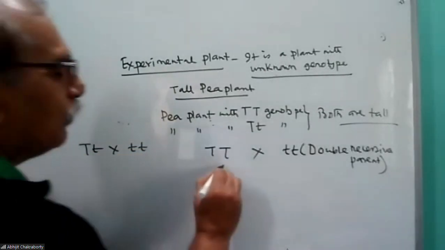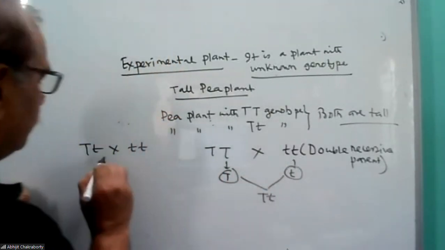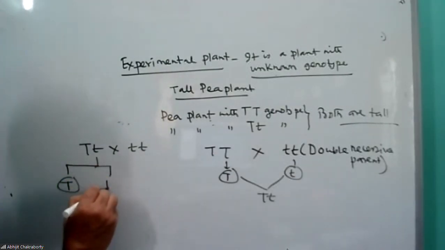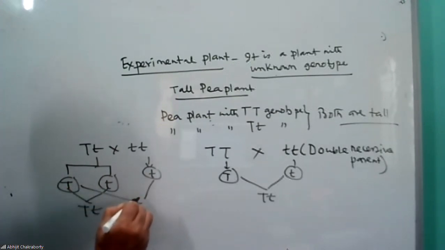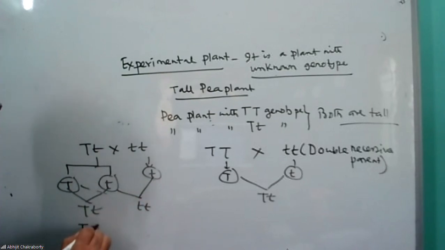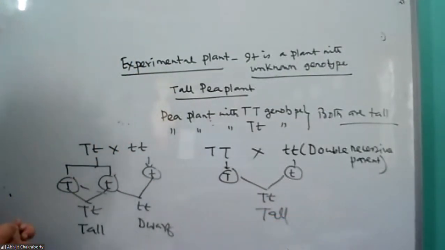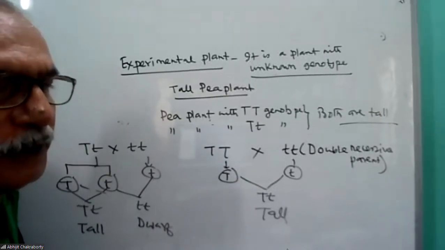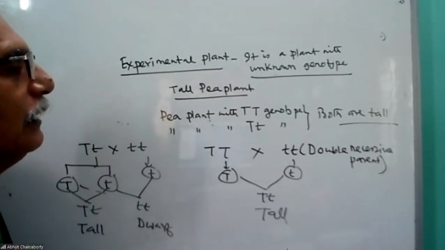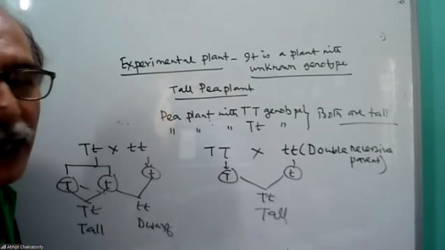The result of the test cross: if all plants produced are tall pea plants, then the genotype of the tall pea plant is capital T capital T, that is, homozygous tall.